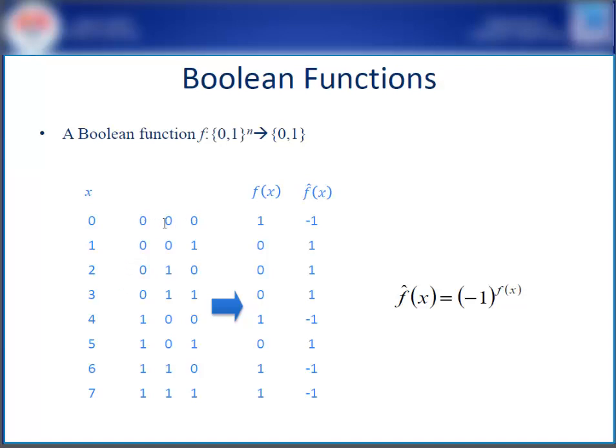These sequences are 0, 0, 0, 0, 0, 1, 0, 1, 0, and so on up to 1, 1, 1. That is, if a Boolean function has an input of three variables, one of the possible truth tables is the truth table given in this slide.